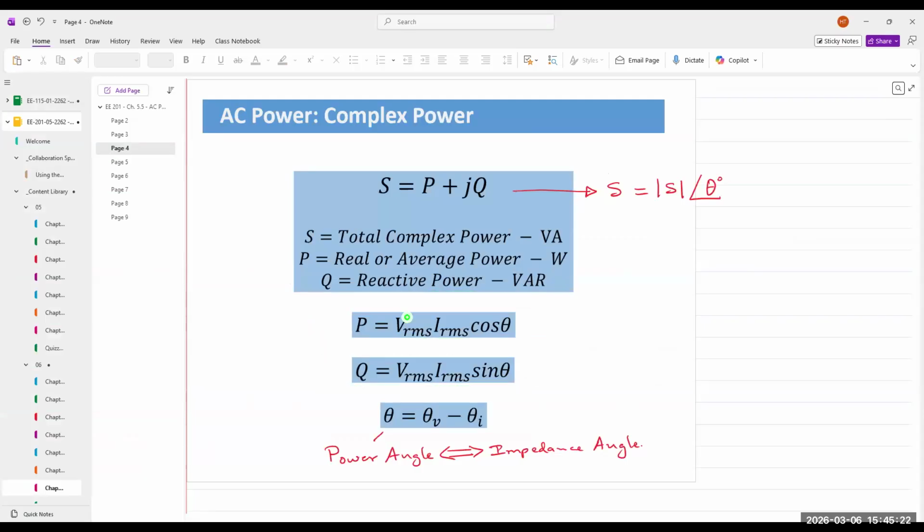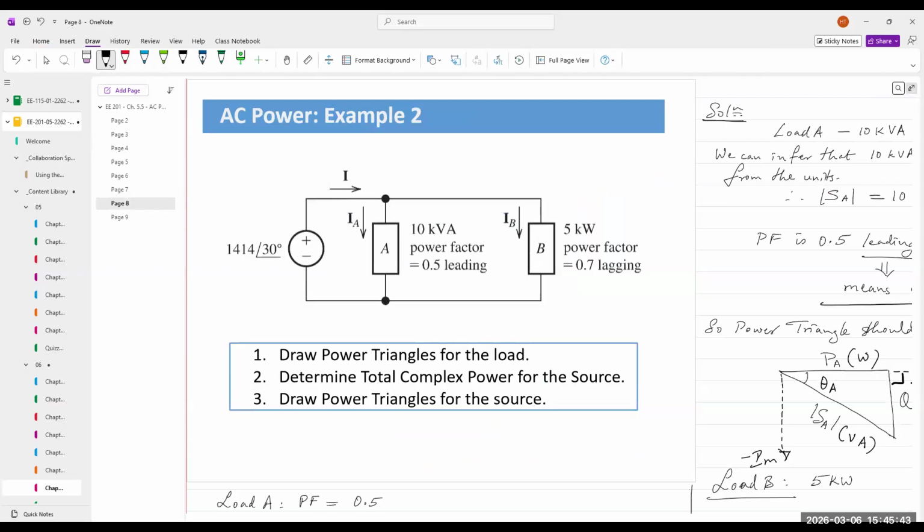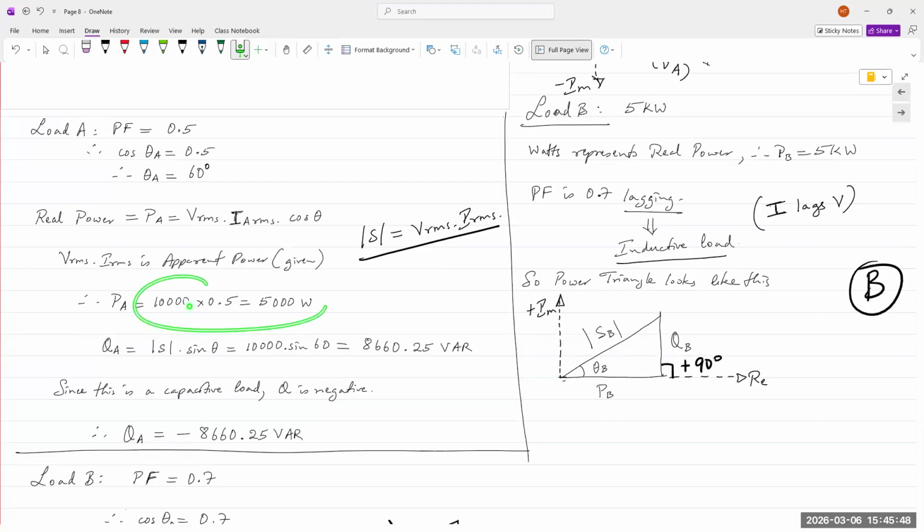Okay, VRMS times IRMS is magnitude of S. Okay, it's magnitude of S. So all we need to do is perform this calculation. And you have answers for both PA and QA. Let's take a pause.